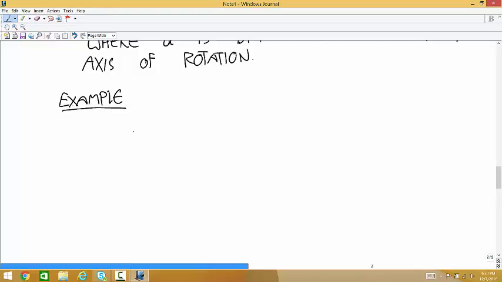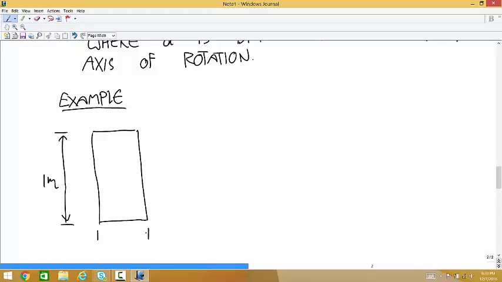All right, so let's say we have this rectangle. The height is 1, and the width is 0.5. And the mass is 10 kilograms.